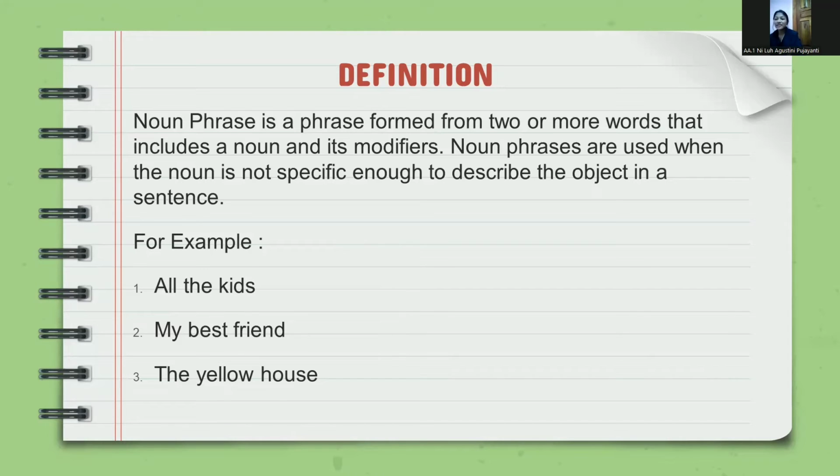Noun phrases are used when the noun is not specific enough to describe the object in a sentence. In other words, a noun phrase is used with the aim of describing an object more specifically. For example, all the kids, my best friend, and last the yellow house.